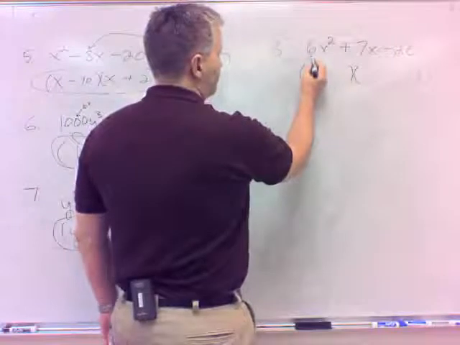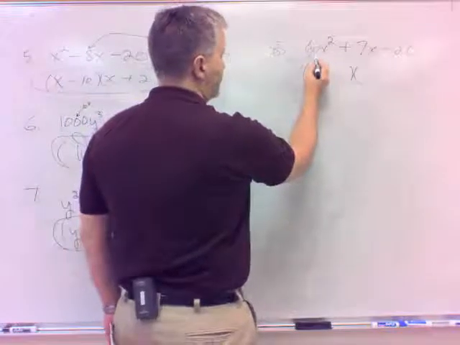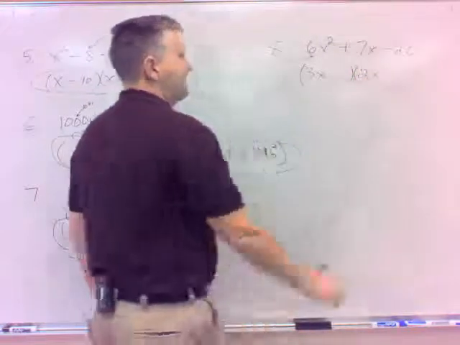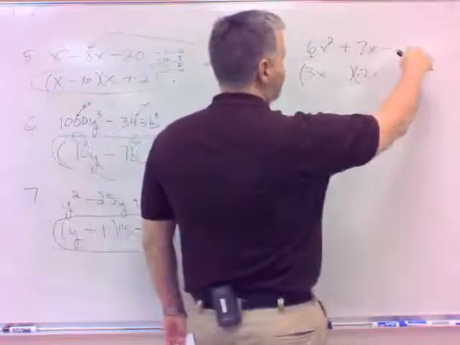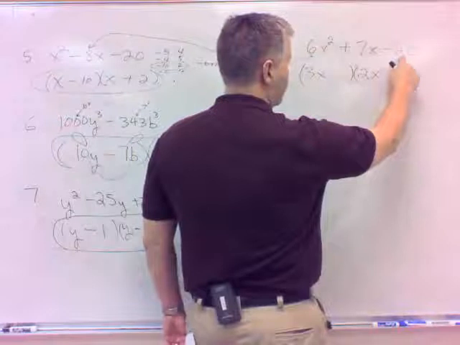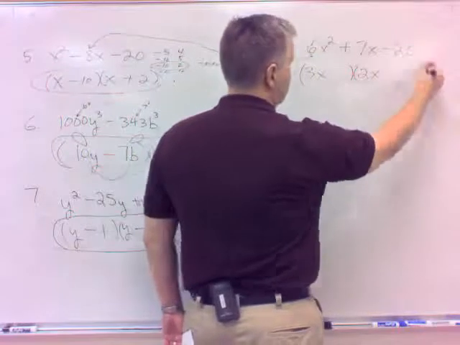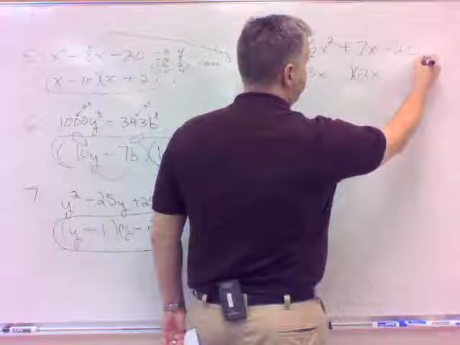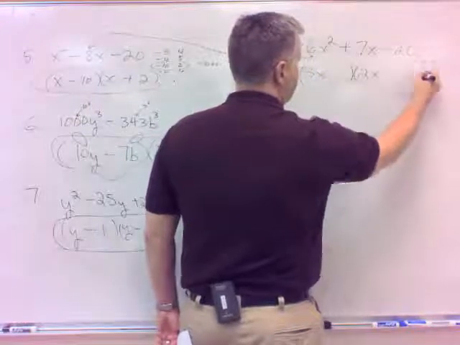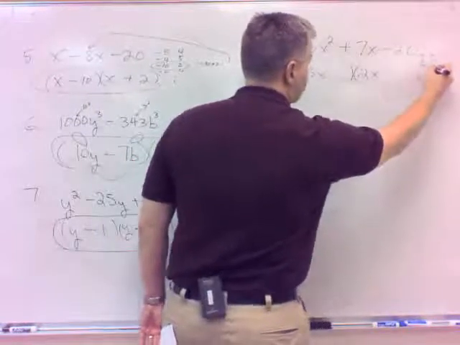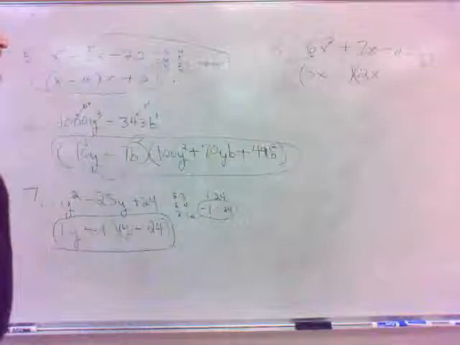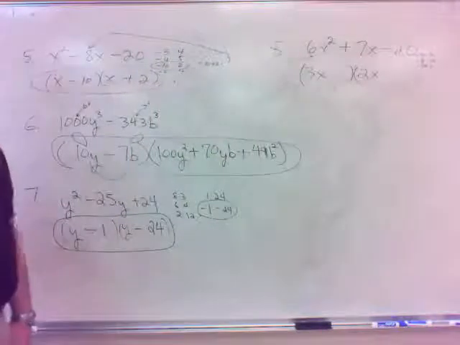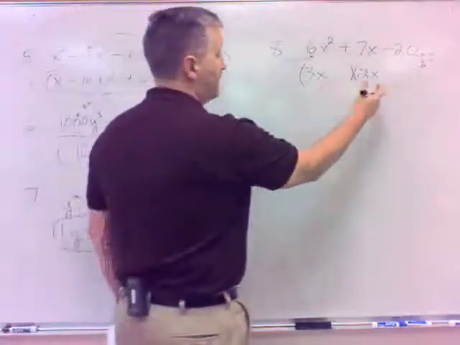We have to go through it, but for 6x squared, I can do 3x and 2x. Now, for 20, 10 and 2, minus 10 and positive 2, or vice versa, 5 and 4, 20 and 1. Like I said, you could reverse those with the minus. Of course, none of them has to be 7, but that's okay here because I'm going to have to plug them in and try them anyway.